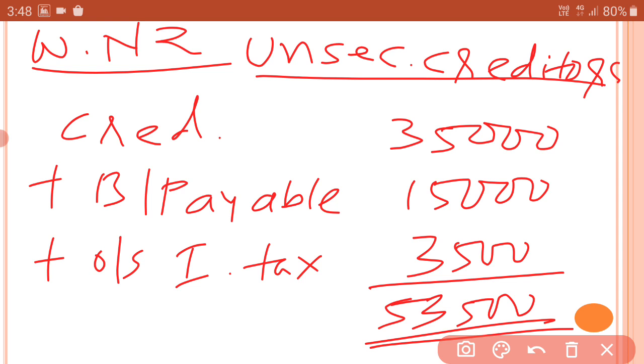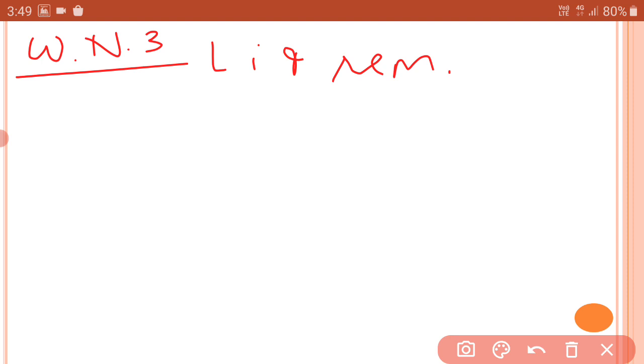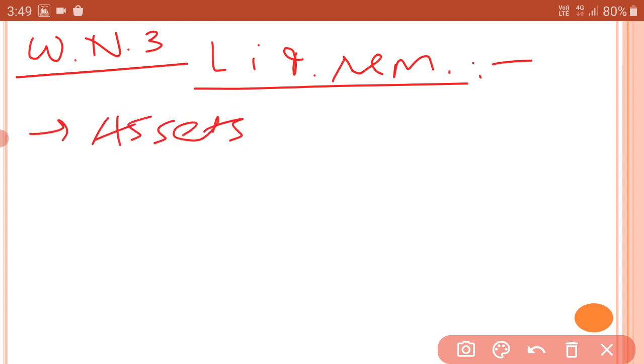Then working note 3, liquidator's remuneration. Here, 4% on assets realized, and the total amount of assets realized is 5 lakh.